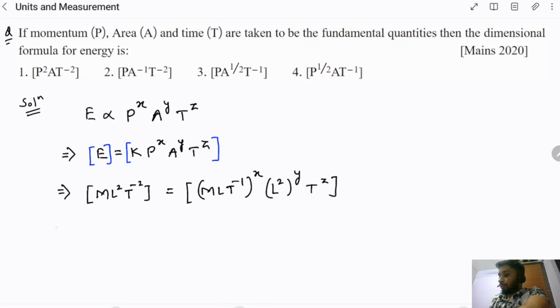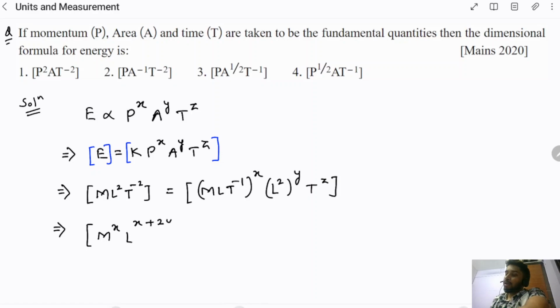Now I'm going to simplify the right hand side first, and I'm going to put it on the left hand side. So if I bring the bases of the same type together, we have only one term for mass, so that becomes M to the power x, and for L overall it will come out as L to the power x plus 2y.